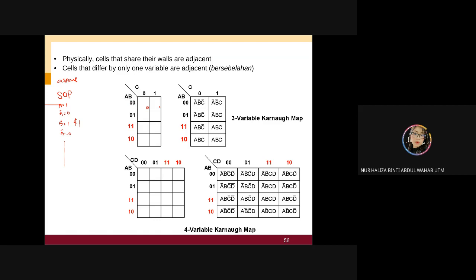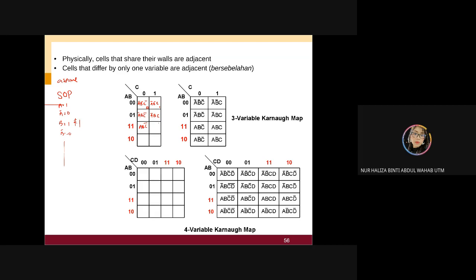Okay, now you have 0, 0, 0. Then you will get A bar, B bar, C bar. 0, 0, 1. You will get A bar, B bar, C. Then over here you will get A bar, B, C bar. Here, which is 0 for A, B is 1, C is 1. Here my A will be 1, my B is 1, my C is 0.